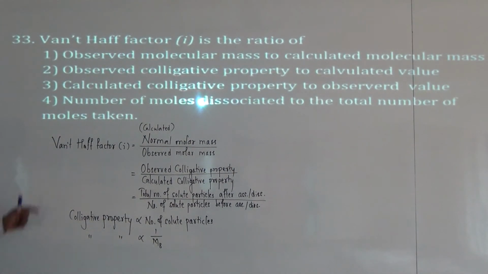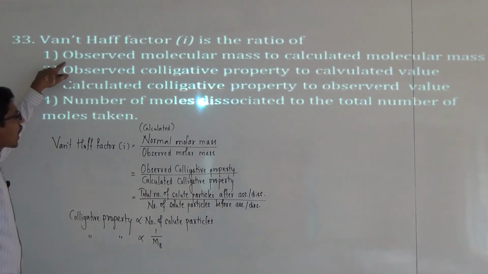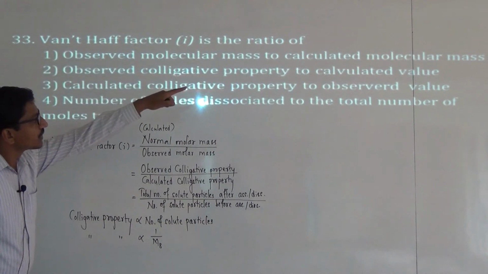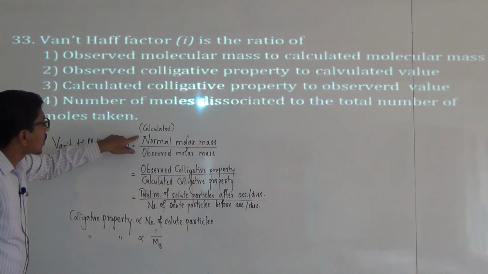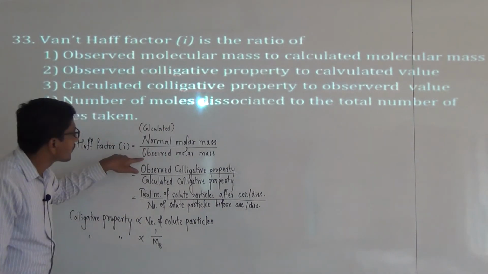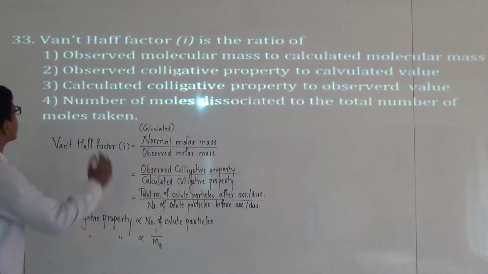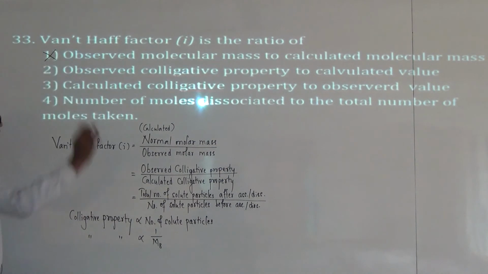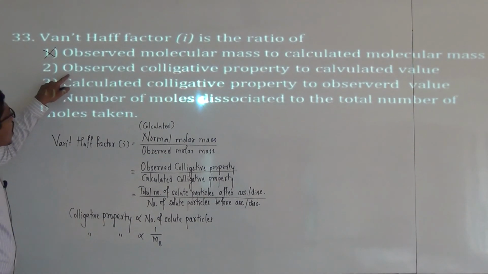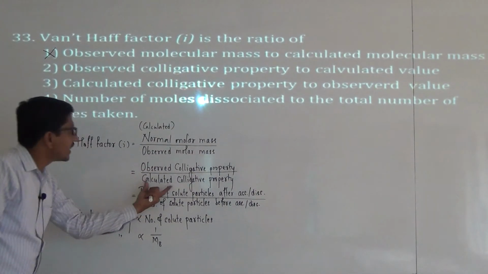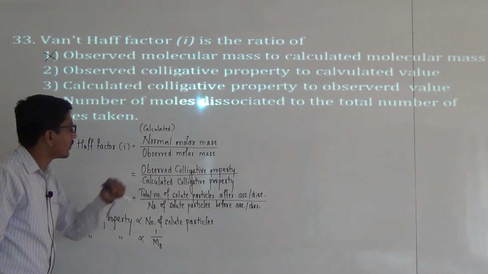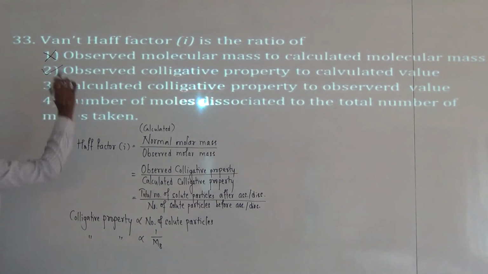In the first option, it is the ratio of observed molar mass to the calculated molar mass. This is wrong. It should be calculated molar mass to the observed molar mass. First option is wrong. Second one is observed colligative property to the calculated colligative property. This one is right.